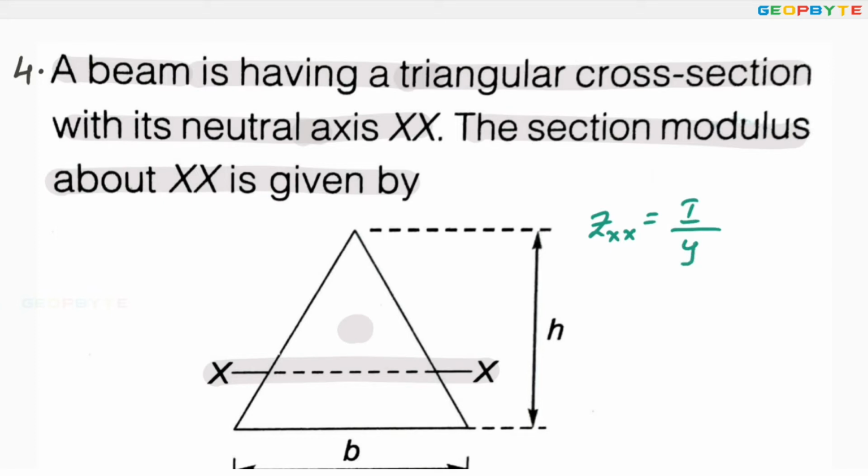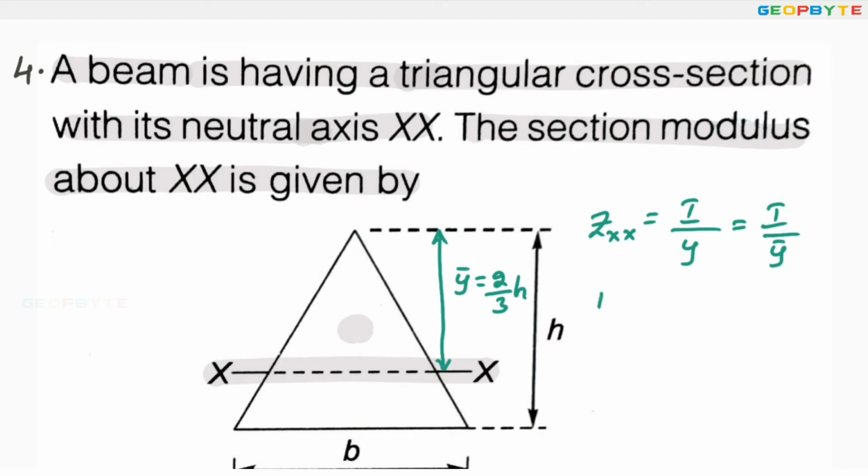Since xx is the neutral axis, with respect to the apex, this is the y bar. This y bar equals 2 by 3 into h, where h is the height of the triangle. So anyhow, I by y, you should take the y bar.